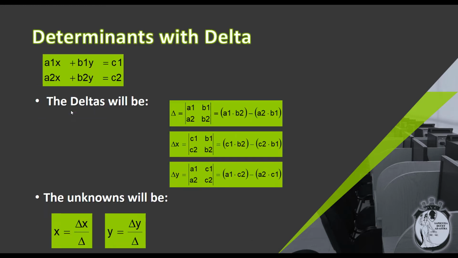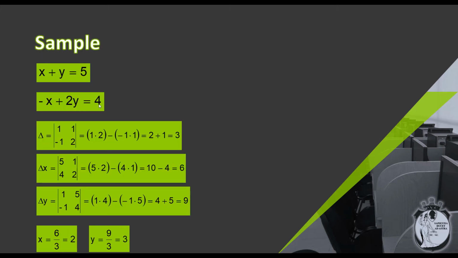Now delta x: C1, B1, C2, B2. This is C and this is B. So this is 5 and 4, and 1 and 2.